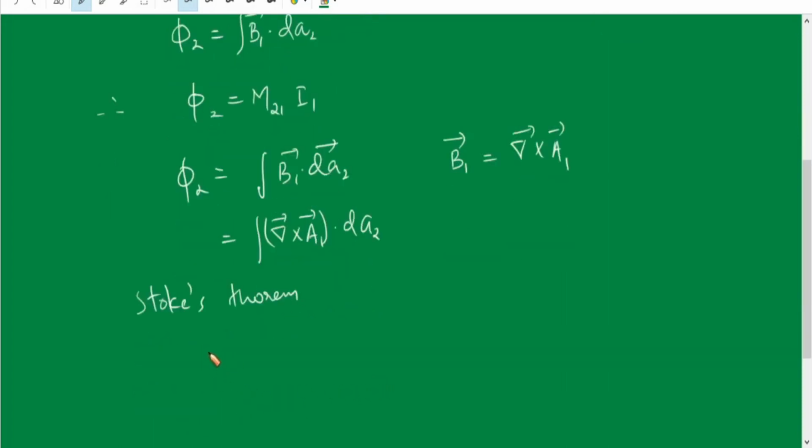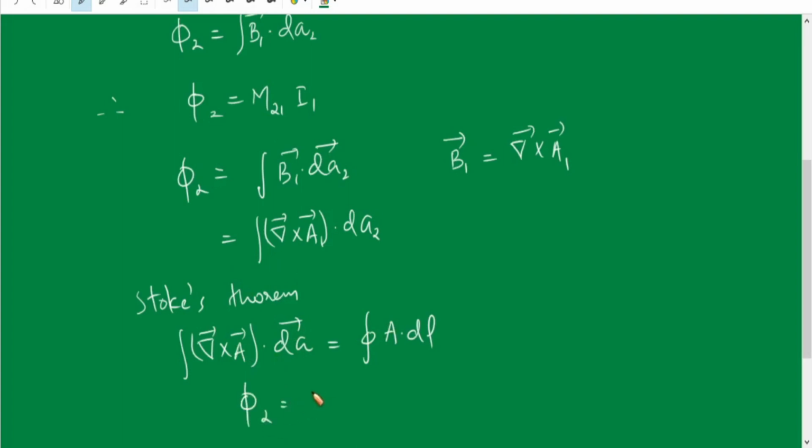According to Stokes theorem, the surface integral of the curl of a vector, del cross A dot dA, is equal to the line integral of the vector, A dot dl. So accordingly we can change the expression for phi 2.